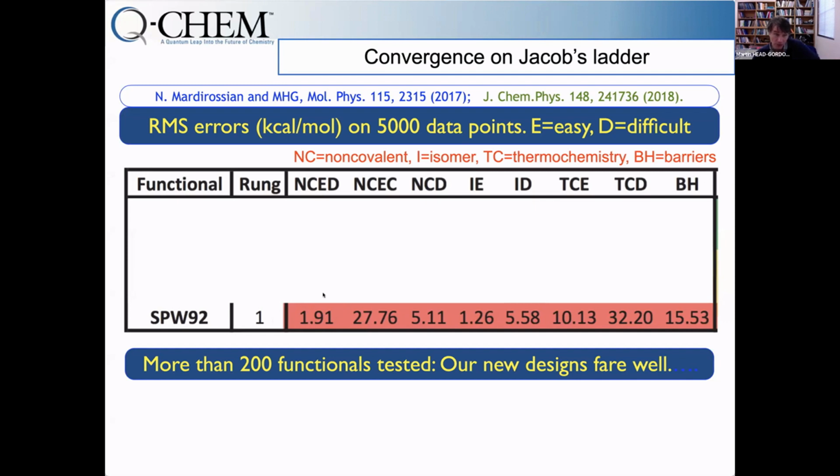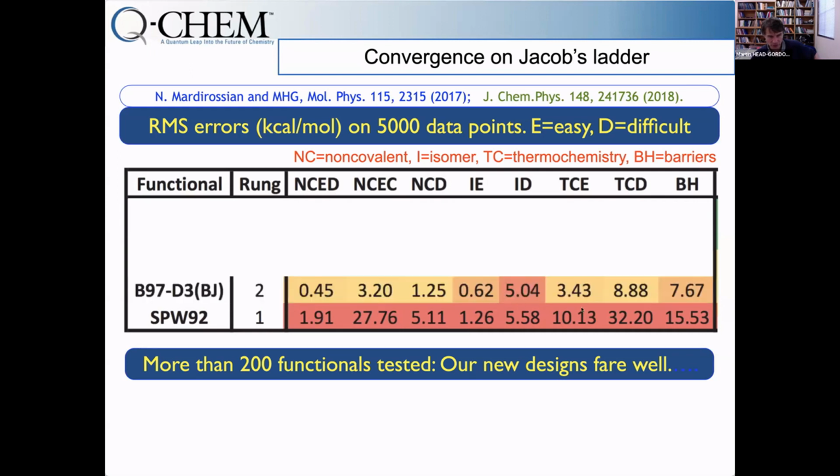About 2 for non-covalent easy interactions in dimers. Well, a hydrogen bond is 5, so this is a terrible result. We could go to barrier heights. We see 15 kilocalories per mole, 1 sigma error, also a terrible result. That is chemically unacceptable. And so that's our kind of baseline.